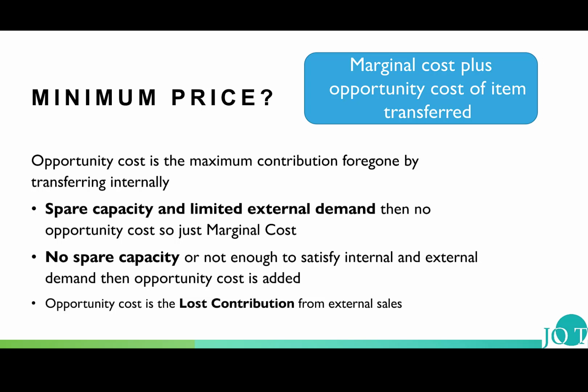And the opportunity cost is the lost contribution from external sales. It's not fair to ask the selling division to sell internally and then lose contribution to their performance from those external sales without getting satisfaction for that, which is that lost contribution, that opportunity cost.